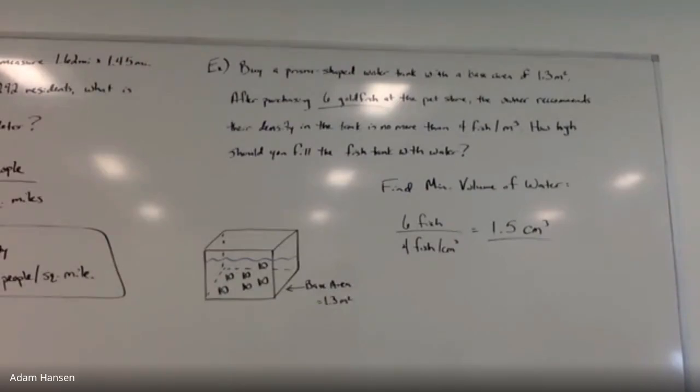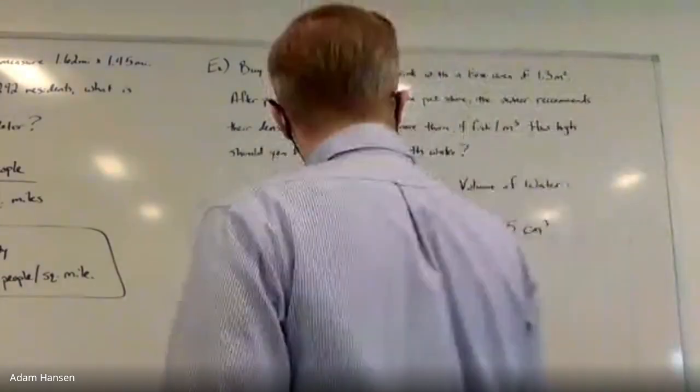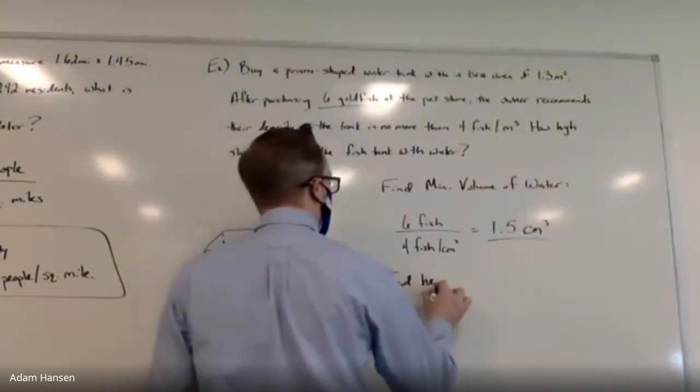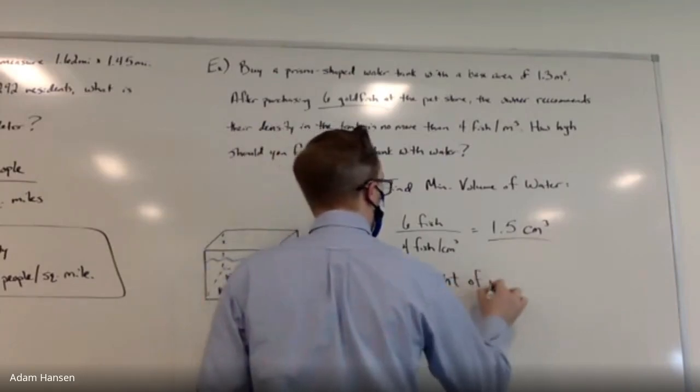Now, like Max said, let's find the height of the water, the height of the prism. Since it's a prism, Destiny, how do you find the volume of the prism? I need that formula. Prism.